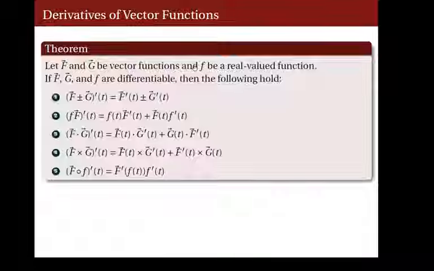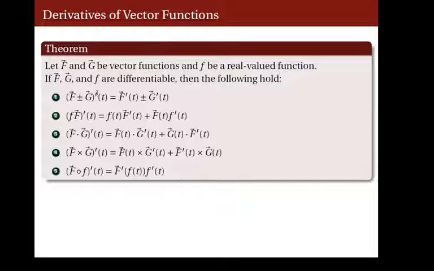So suppose that the vector valued functions F, G, and small f are differentiable. Then the following hold. Okay, the first result tells us that the derivative of the sum and difference of two vector valued functions is just the sum or difference of their derivatives.